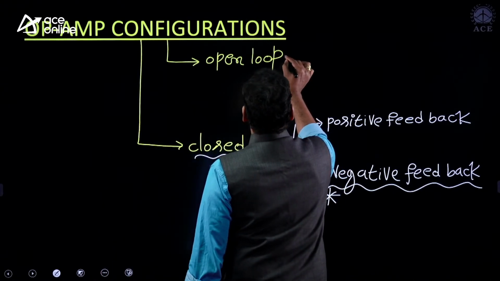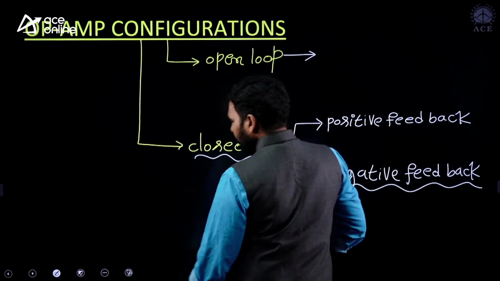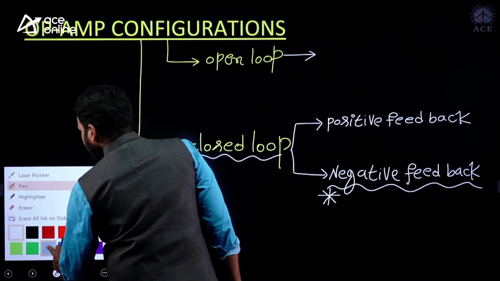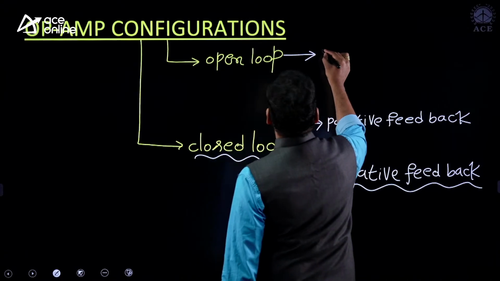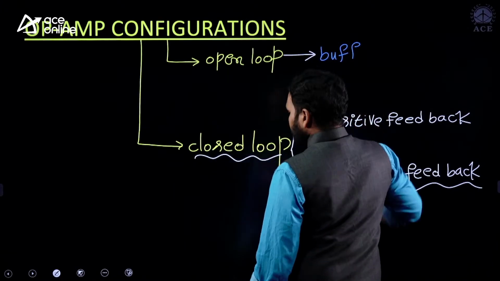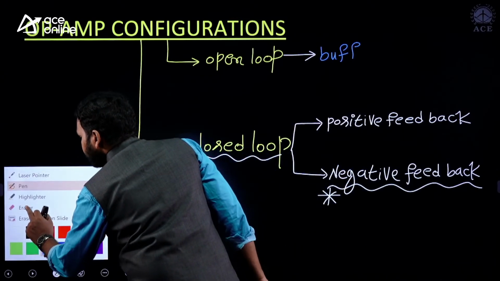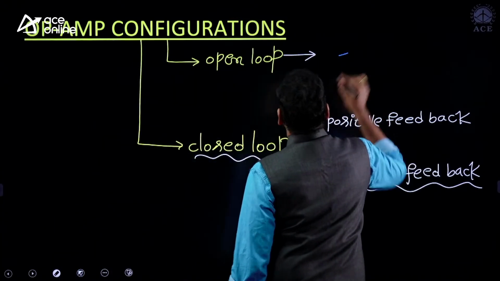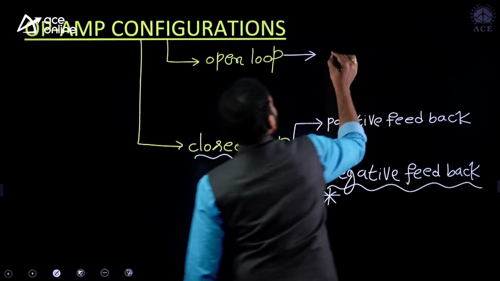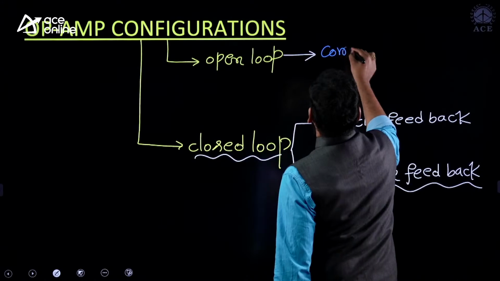In the open loop configuration, we can use the operational amplifier as a comparator.